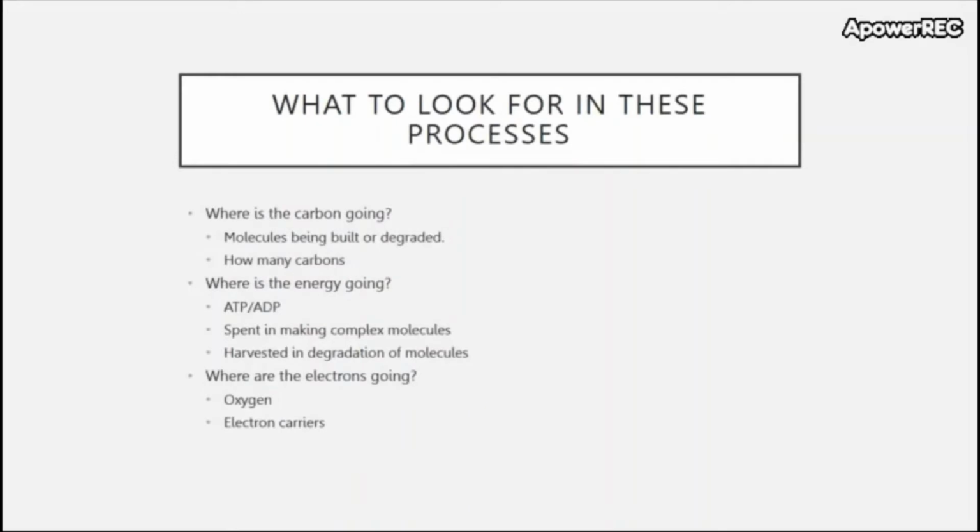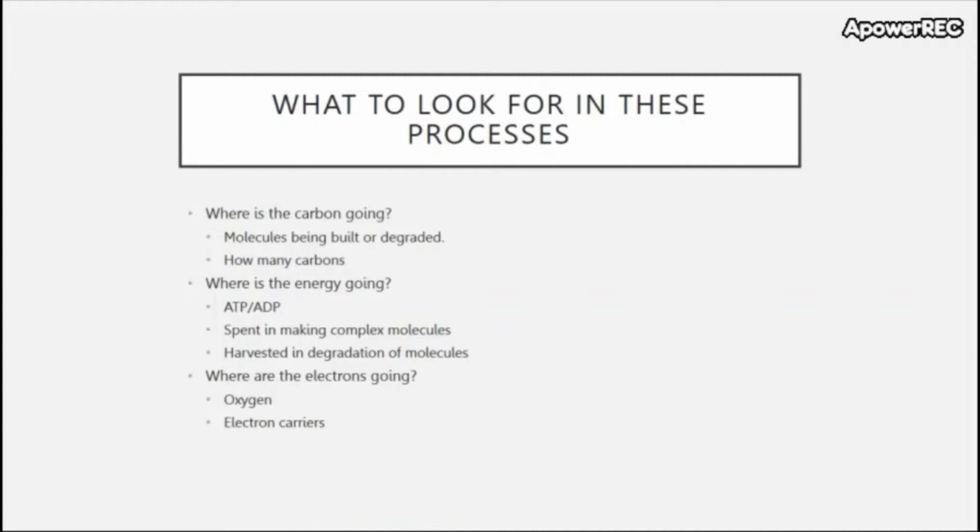Now, a lot of these processes take a while to wrap one's head around, and it's hard to know what's important here. So I am going to say at the get-go that when you're looking at these processes, I want you to pay attention to certain things.